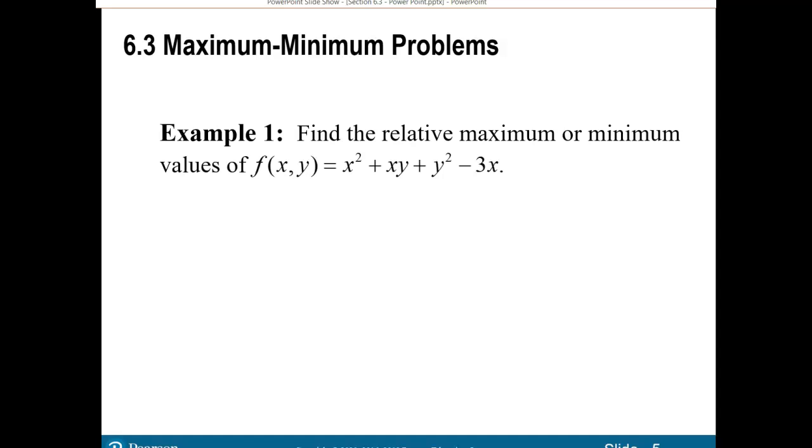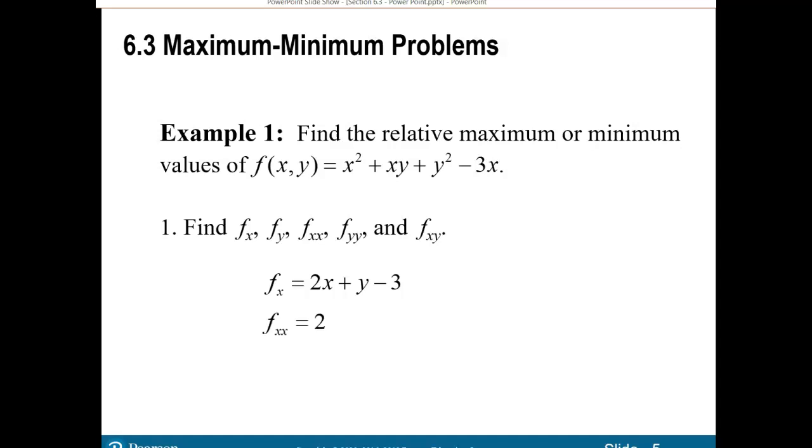All right, so let's do an example. Find the relative maximum or minimum values of f(x, y) equals x squared plus xy plus y squared minus 3x. Okay, first we're going to find all of these partial derivatives. Okay, partial derivative with respect to x is 2x plus y minus 3.